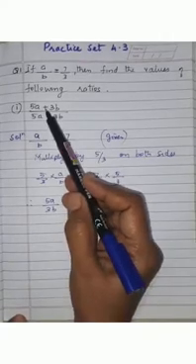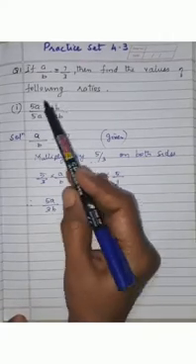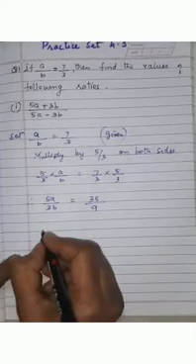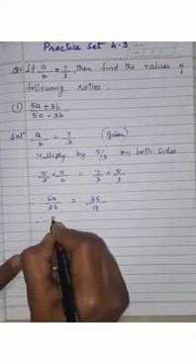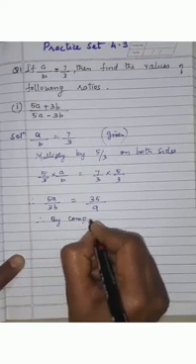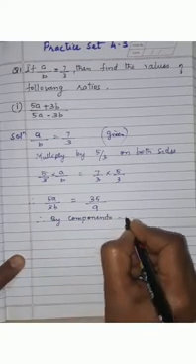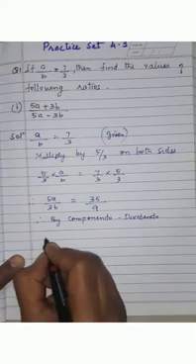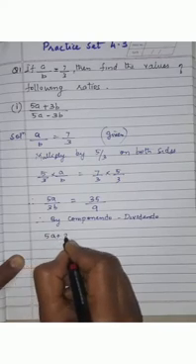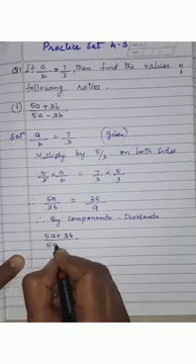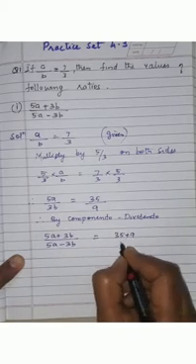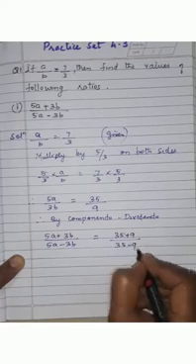Now the next thing we have to see is what type of property to use here. We have plus and minus, so that means we need to use the property of componendo and dividendo. Therefore, by componendo and dividendo, we get 5a plus 3b upon 5a minus 3b is equal to 35 plus 9 upon 35 minus 9.